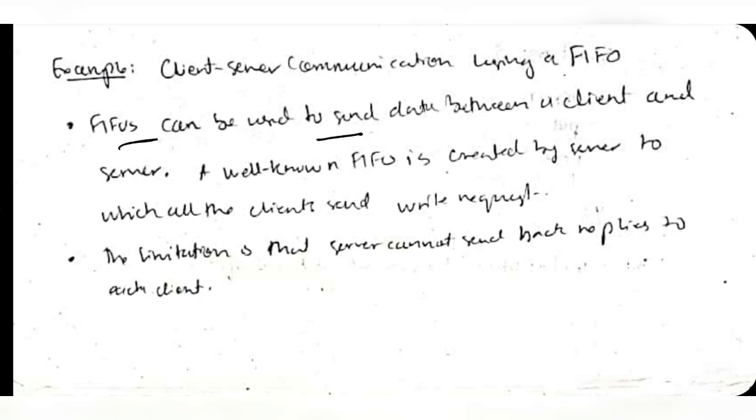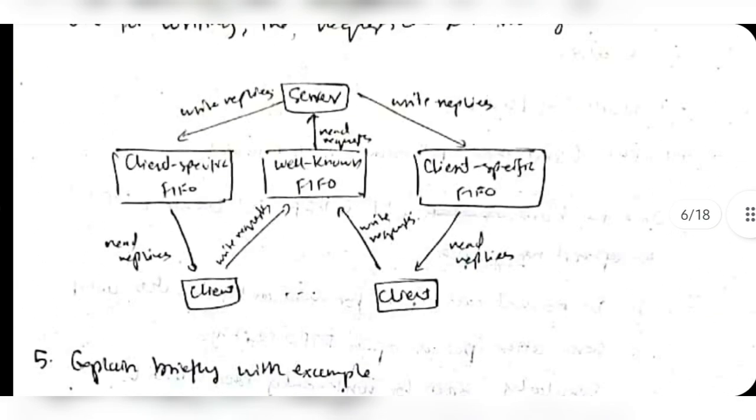FIFO can be used to send data between a client and server. For that, a well-known FIFO is created. Okay, in this diagram, if you see, this is the well-known FIFO. So in FIFO, there should be a communication between the client and server. So for that, initially this FIFO is created.